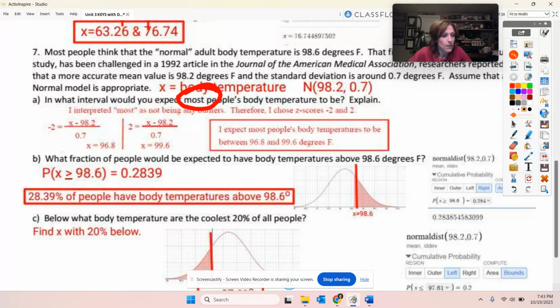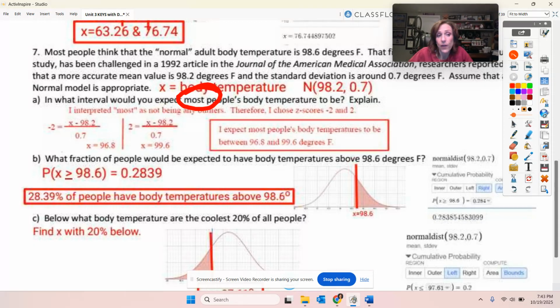Maybe you put even the middle 50%, all right? But whichever was your interpretation of most, you use that to get the z-score, and then you could solve for the missing x. So the key there is to figure out the z-score for the bounds of your interpretation of most, and then get those x values.